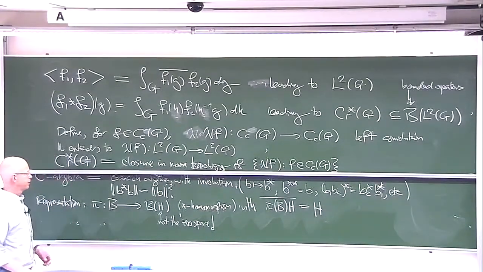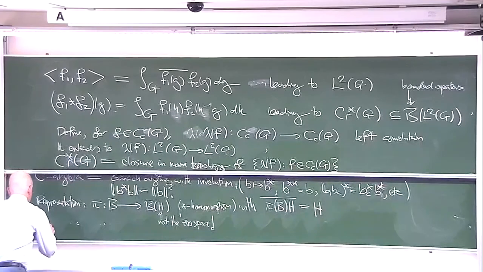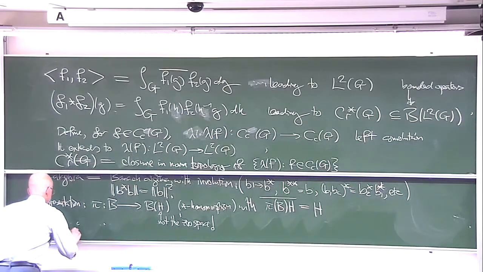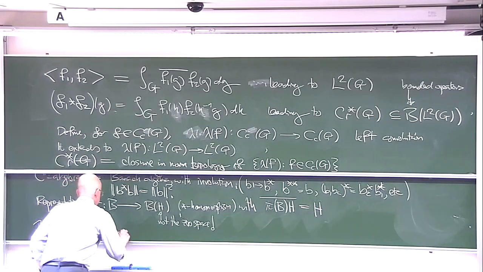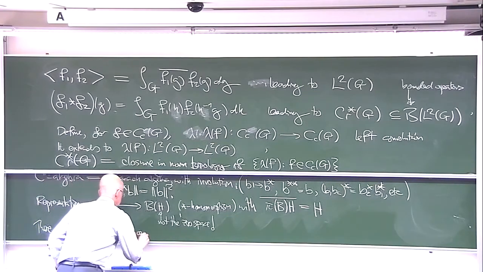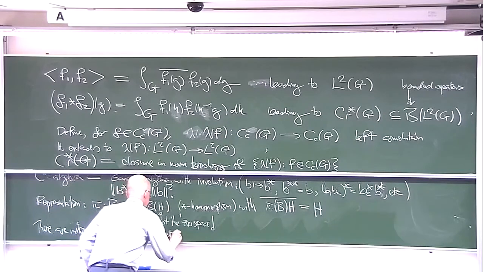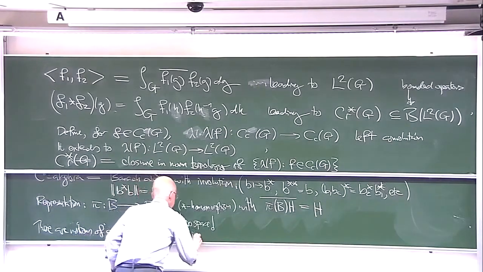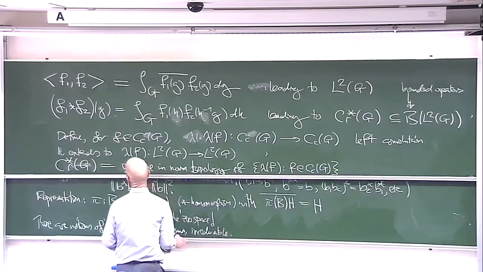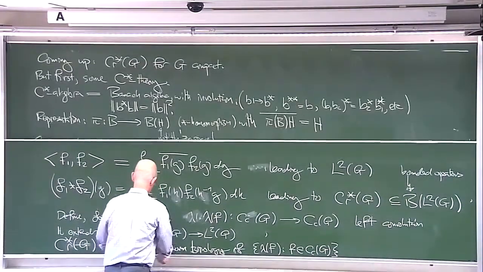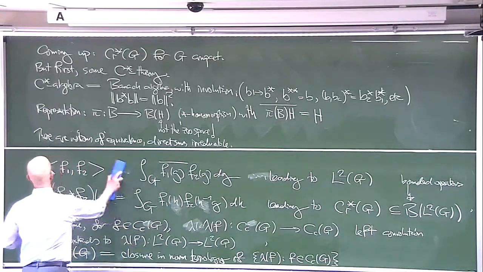And so you can do representation theory for C-star algebras. Notions of equivalence, just like we had for groups. Direct sum, just like we had for groups. Irreducible, just like we had for groups. Nothing very fancy.